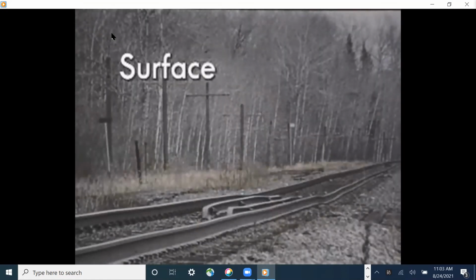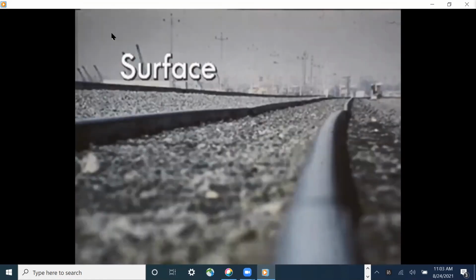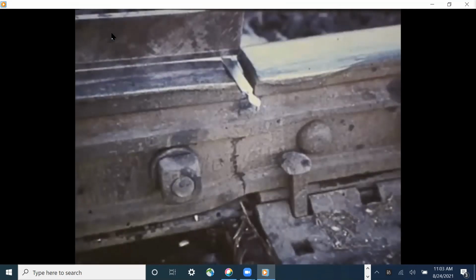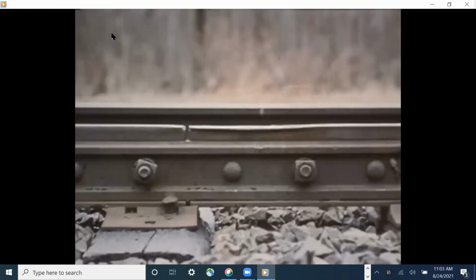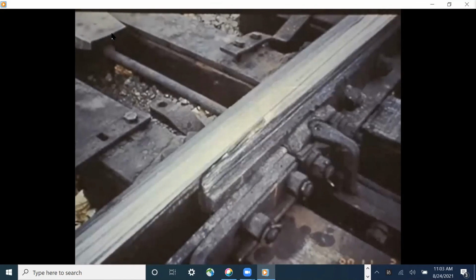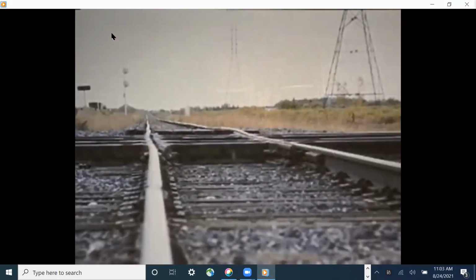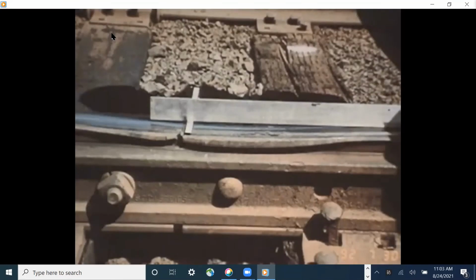Poor surface can promote bounce and pitch because of the change in uniform level profile. Mismatched, bent, or battered joints and worn points and frogs at switches and railway crossings can contribute to pitch and roll movements as well.